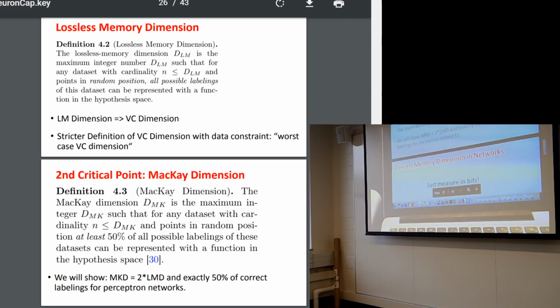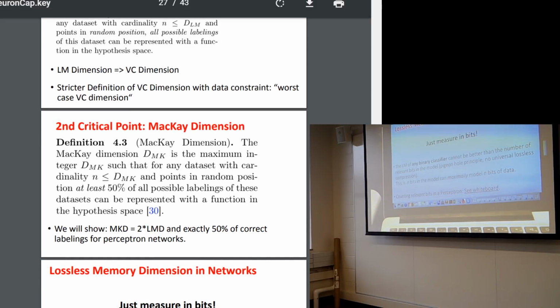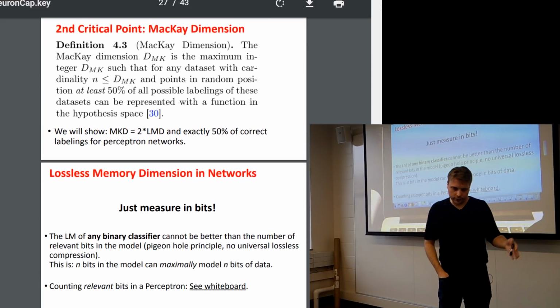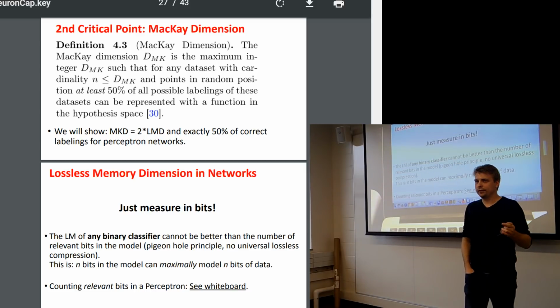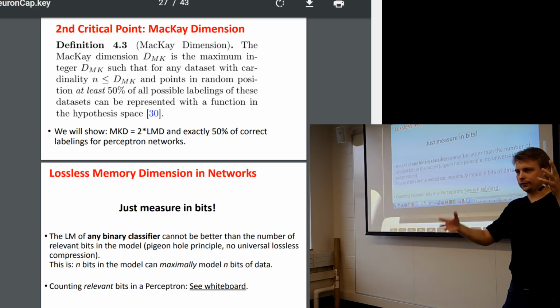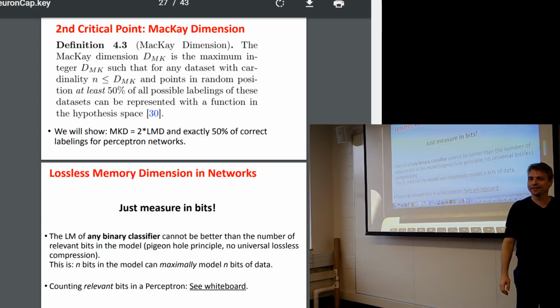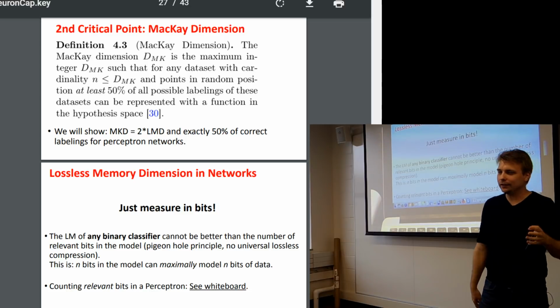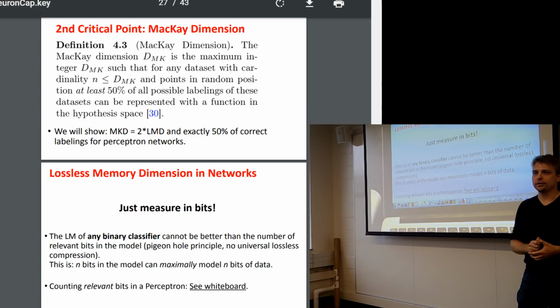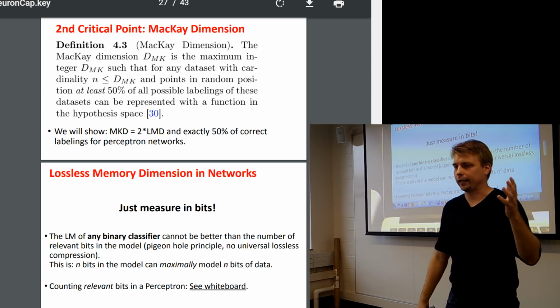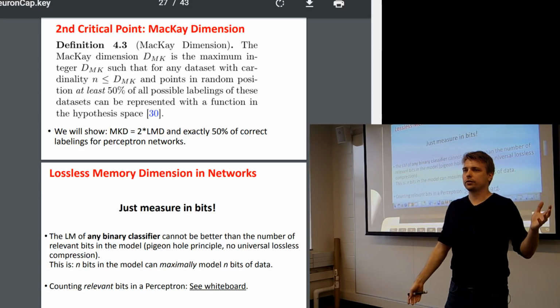So now, how do we generalize the lossless memory dimension from the one single perceptron to the neural network? And if you read the original paper that I sent you, we went through extreme lengths of hand waviness, which I think was okay, except then things became so easy when we just abstracted and said, hey, just measure this all in bits.